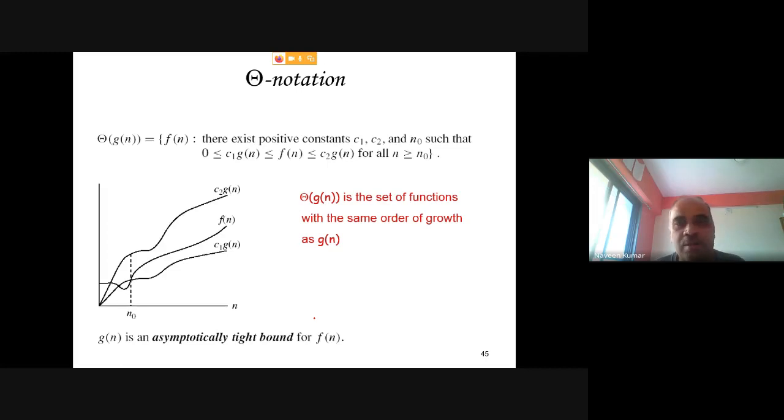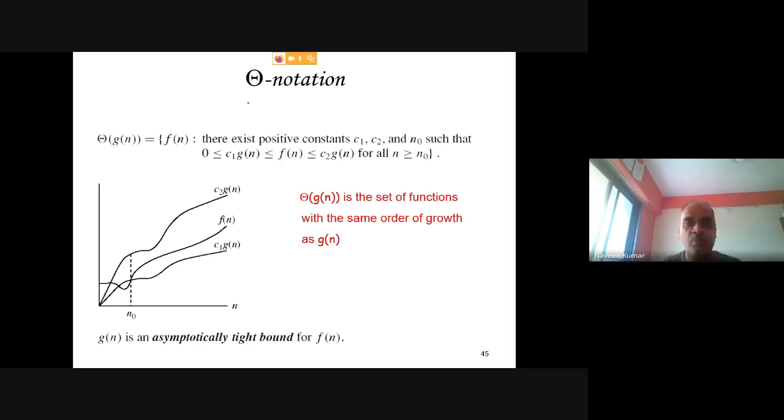Then another notation. Now another notation is theta notation. Maybe you have heard of this theta notation. What it signifies: as compared to big O notation, which gives a tight upper bound, and big omega, which gives a tight lower bound, theta gives a tight bound.